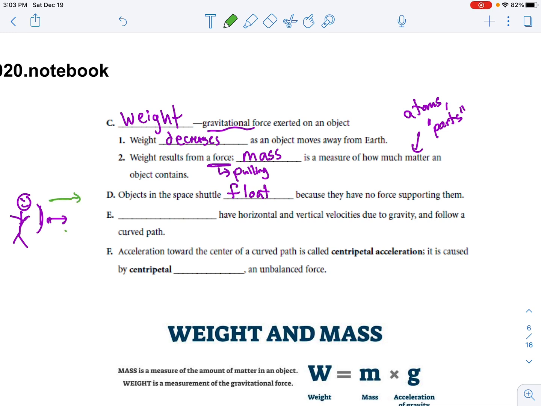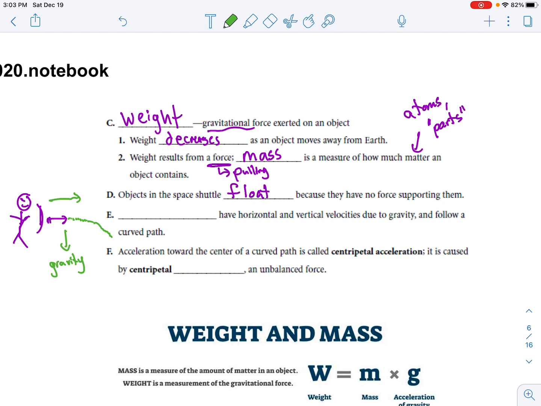However, you also have gravity trying to pull this arrow down. When it leaves your hand, it's going to fly forward, but it immediately starts falling down due to gravity, and it's going to curve down until it hits the ground.